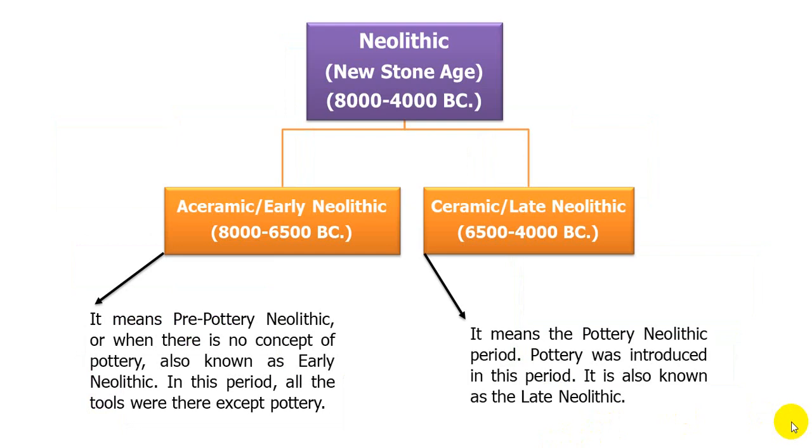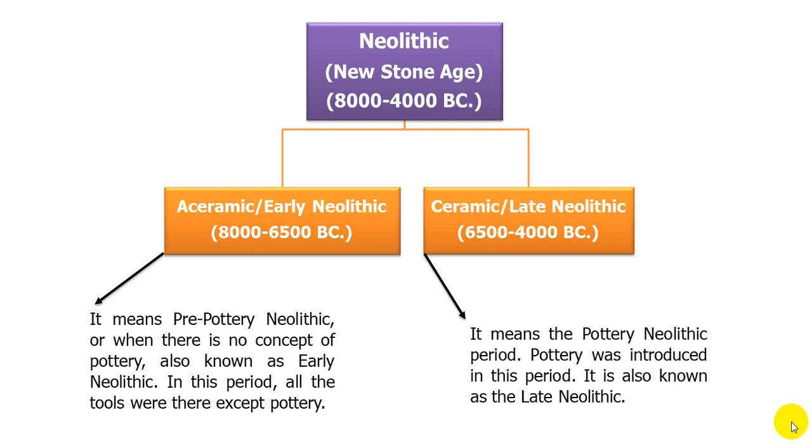The Neolithic phase of the prehistoric period, the New Stone Age, starts from 8000 to 4000 BC, and we mentioned that it is divided into two periods: aceramic Neolithic or early Neolithic and ceramic Neolithic or late Neolithic.